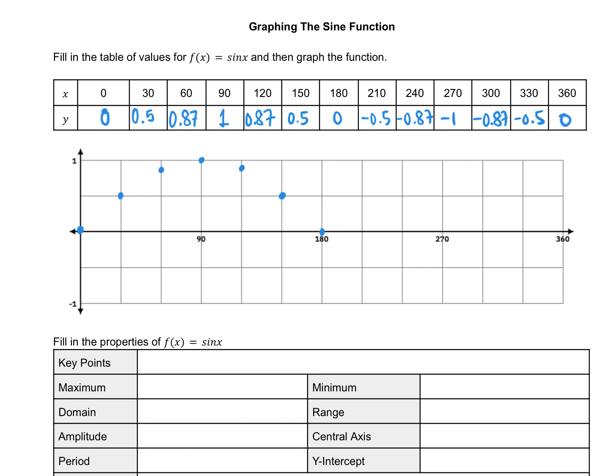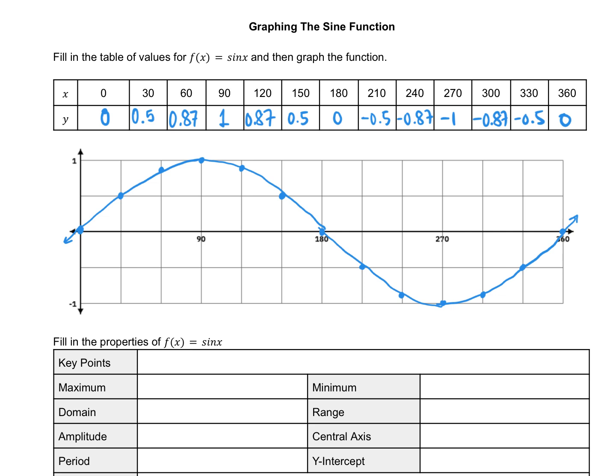Then once I hit 210, I'm in the negatives, negative 0.87, negative 1, negative 0.87, negative 0.5, and back to 0. So one cycle is going to take 360 degrees, and it's going to form this wave shape. And this will continue on forever in this wave pattern.